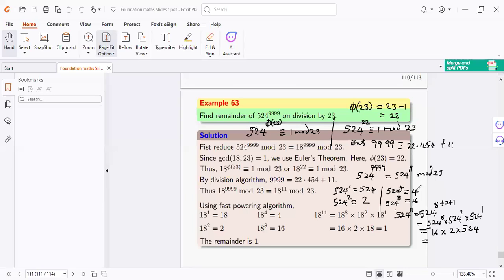Divide this by 23. It goes there 729 times. So what is the remainder? The remainder is 1. So I've done this, and what I meant is that you don't always need to reduce this, but when you reduce it, it makes your work easier. But if you want, you can maintain it and move with it to the final answer.